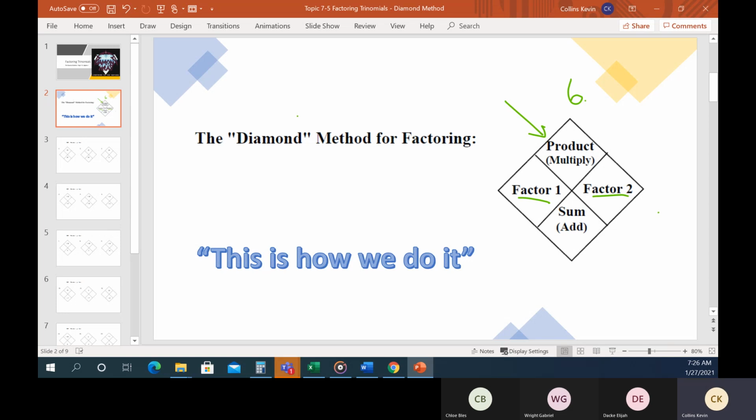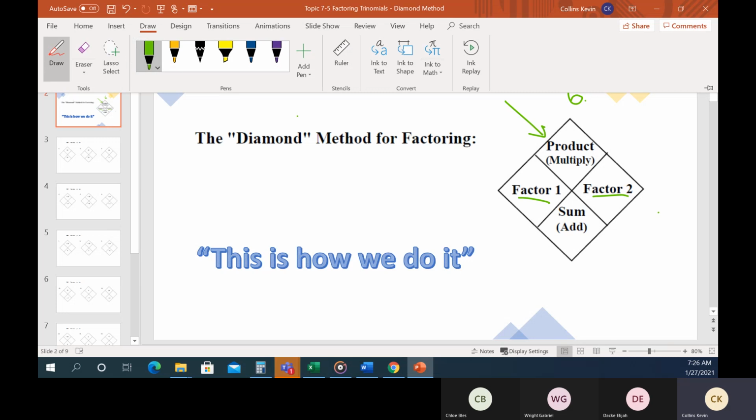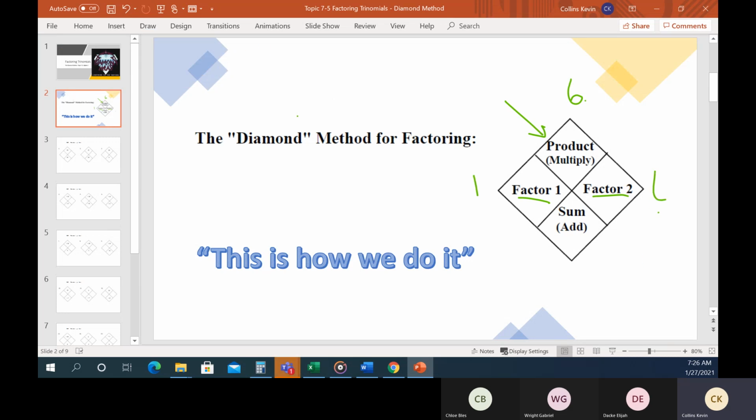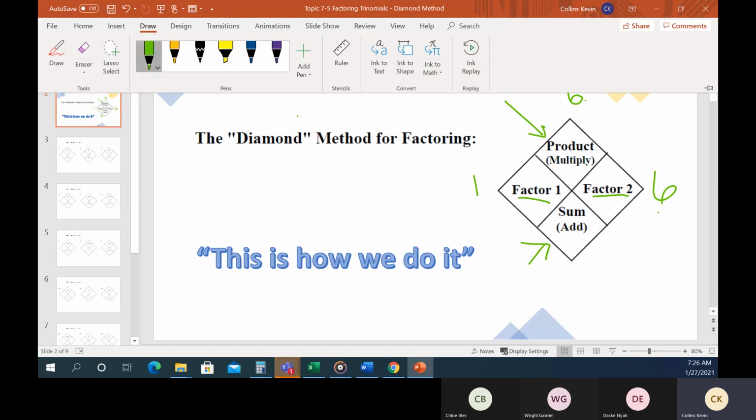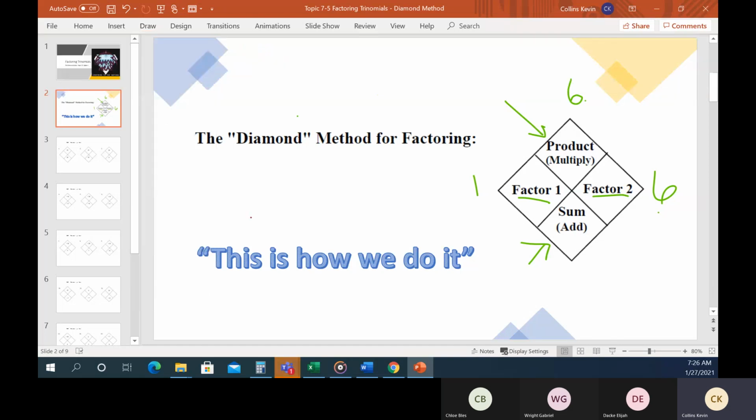One times 6, perfect. So we got 1 times 6. Okay, so that works too. So there's two possible answers here, right? The way we determine which one we want is based on the number at the bottom. So with the factors, we multiply them together, and that gives us the top number. And then if we add them, it gives us the bottom number.